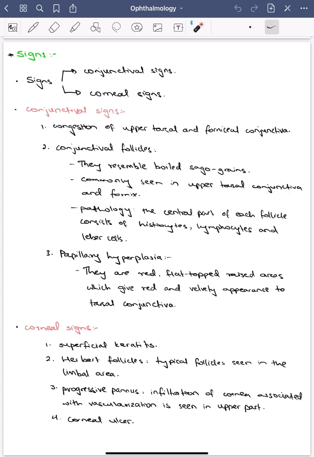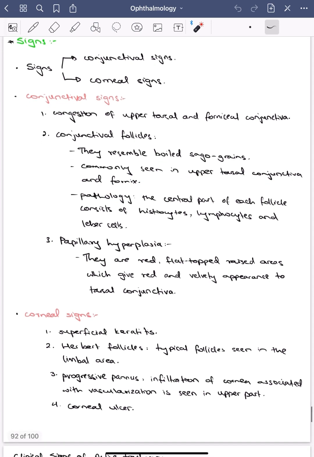If you look into the pathology of the follicles, the central part of each follicle consists of histiocytes, lymphocytes, and Leber cells. The third conjunctival sign is papillary hyperplasia. These are red, flat-topped, raised areas which give a red and velvety appearance to the tarsal conjunctiva. So, remember the conjunctival signs are congestion, conjunctival follicles, and papillary hyperplasia.